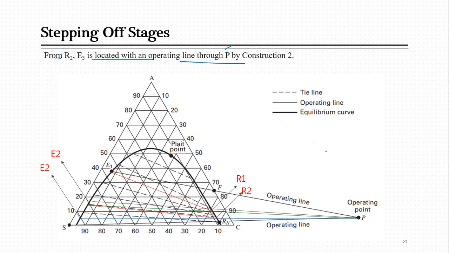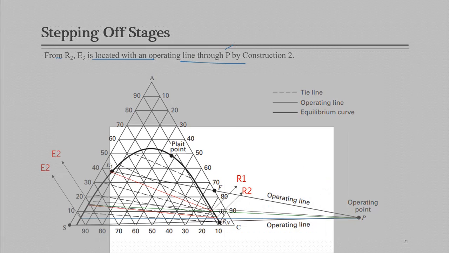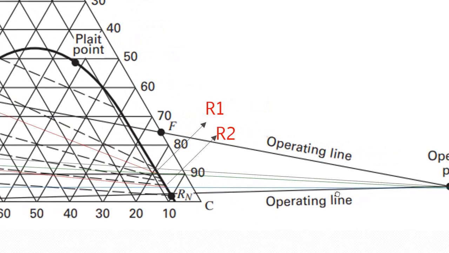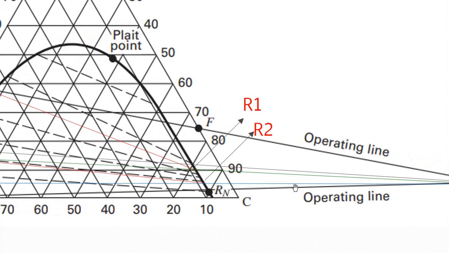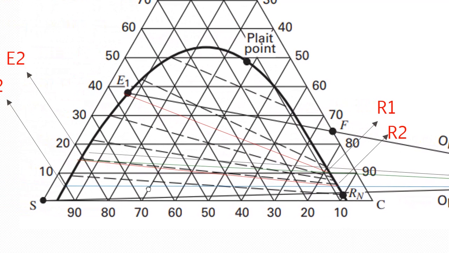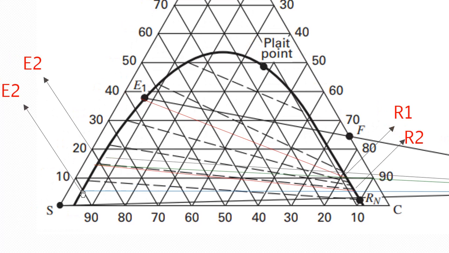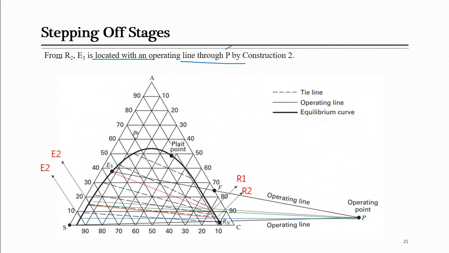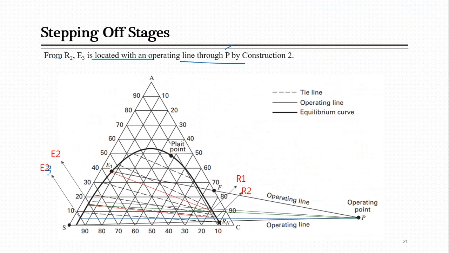That's actually connected from P2, and maybe if I just enlarge this, you can see that the blue line started from P2, passing through this intersection point of R2, and if we draw this straight line, this will cut the extract side binodal curve, and there the point will be located which is called E3. Now this is again a mistake here, it is E3. So overall this is E3.